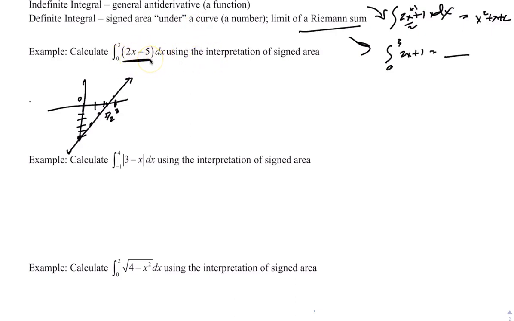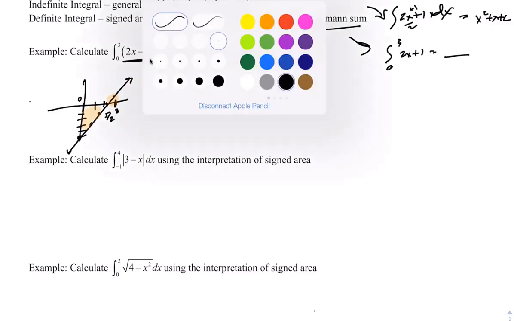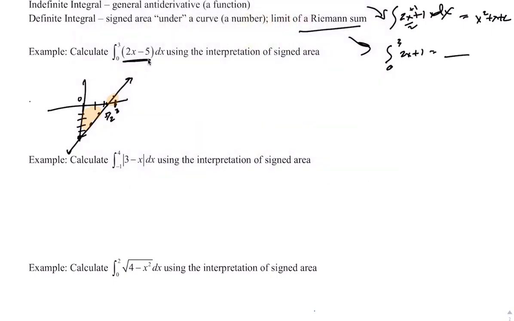Now we gotta find the area. If we're looking at this, remember the way the area works? Area of this guy right here would be negative, and the area of this guy right here would be positive. This one we know how to do, like in geometry. This is a triangle. Area of that triangle is one half base times height.